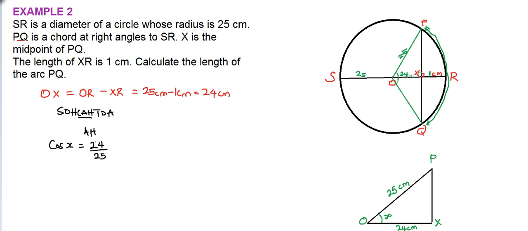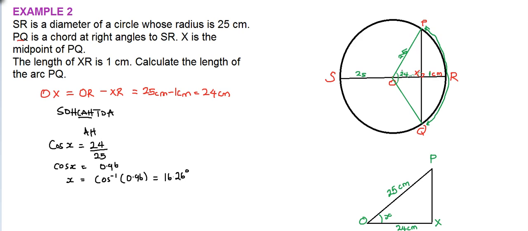That gives us cos x equals 0.96. Therefore, x equals the inverse cosine of 0.96. If we plug that into our calculator by doing shift and cos, we get 16.26 degrees.